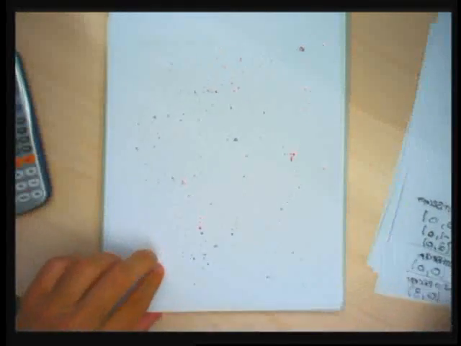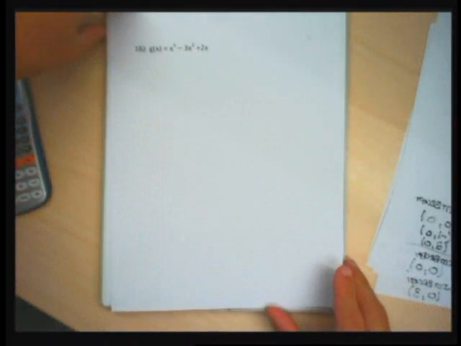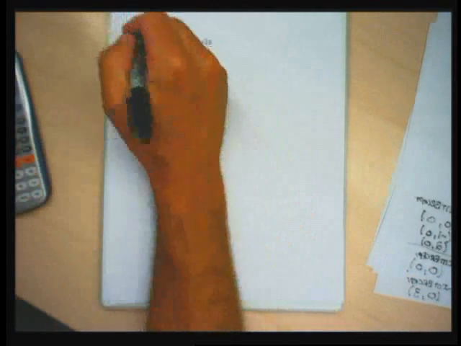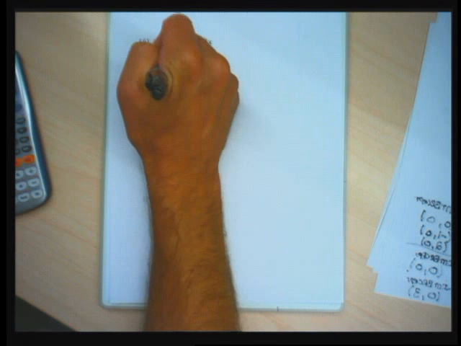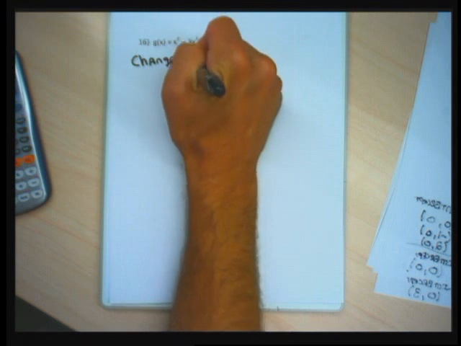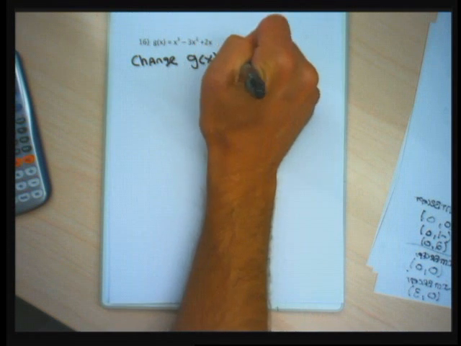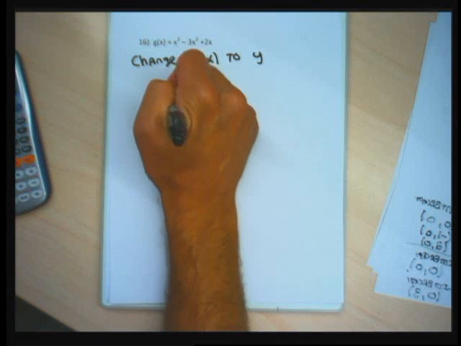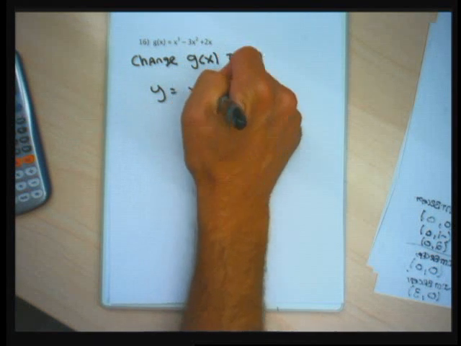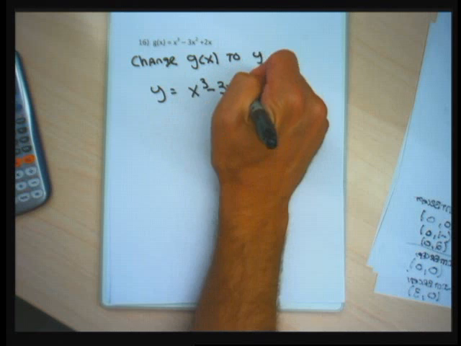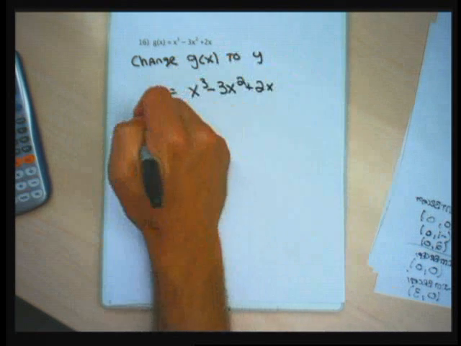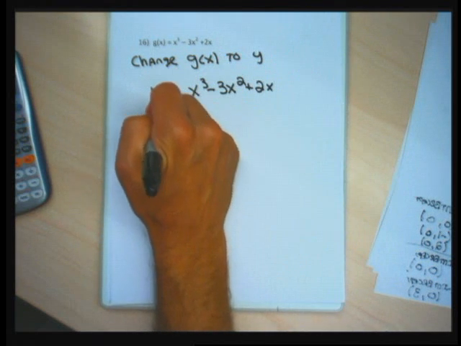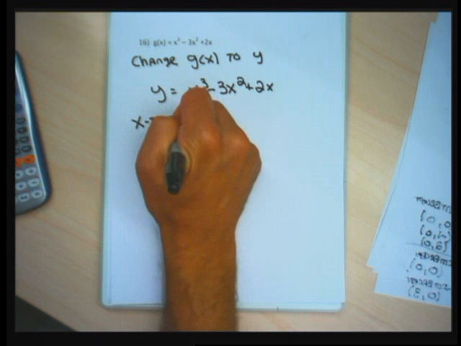16 is the last one in this grouping, but the end problems really aren't any different if I want to do them with algebra. So in 16, I'm going to change the g of x to y. I'm going to go y equals x cubed minus 3x squared plus 2x. And then I'm going to attack the x-intercept first because it's usually the harder of the pair.